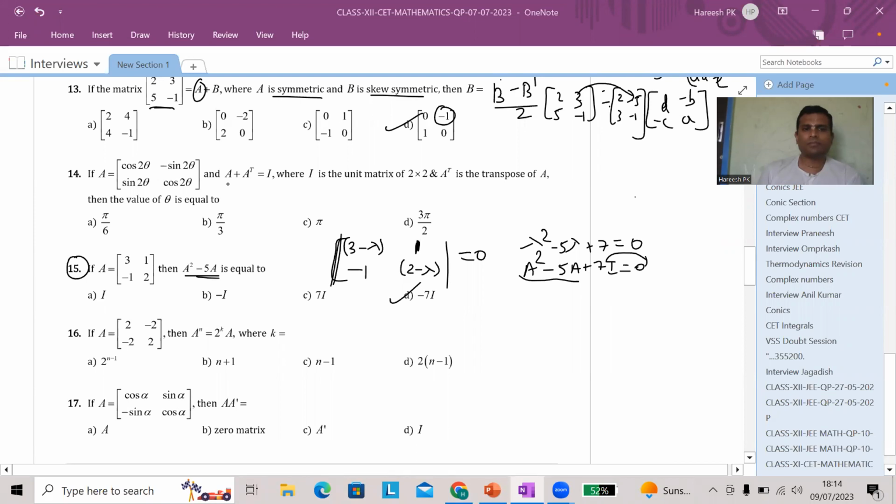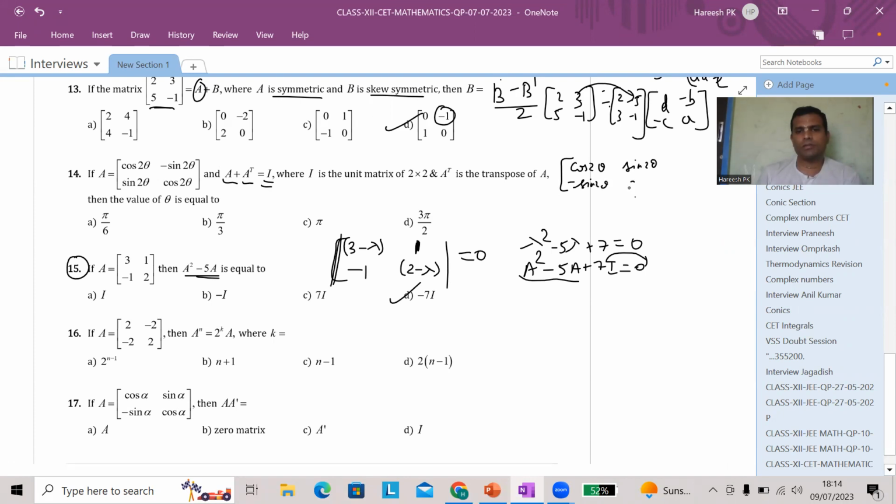14th question. They're saying A plus A transpose is identity. So when you add this to its transpose, which is cos 2 theta, sin 2 theta, minus sin 2 theta, cos 2 theta, right? This is the transpose. So when I add it, I'll get 2 cos 2 theta.